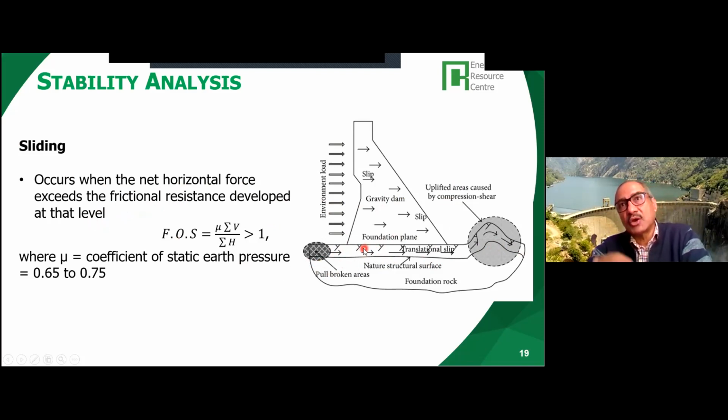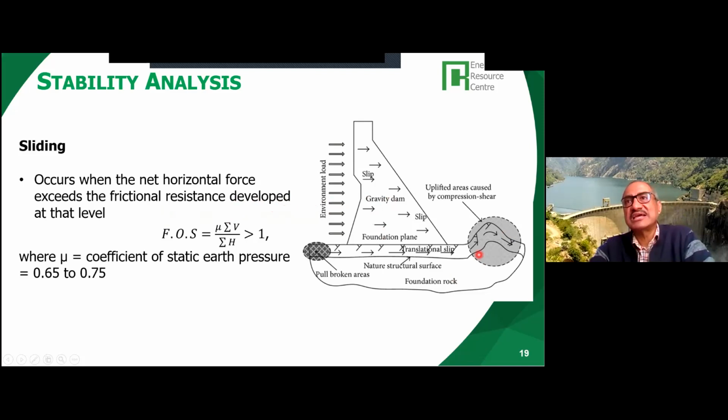So basically, when you have a dam on the base, there is a frictional force acting from right to left, and there is the hydrostatic pressure acting from left to right in this direction.